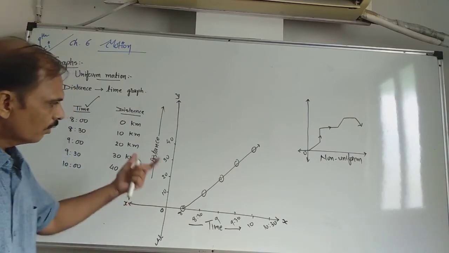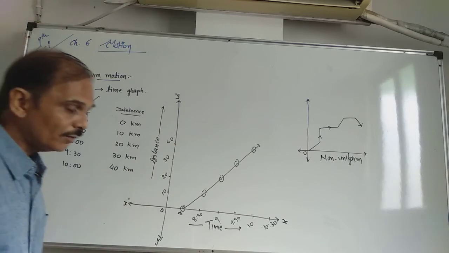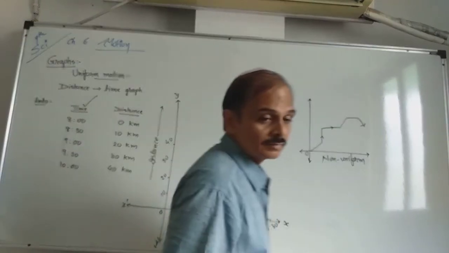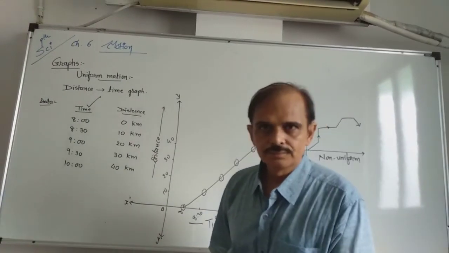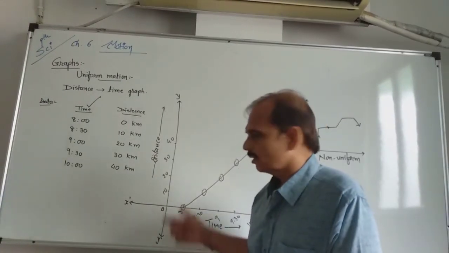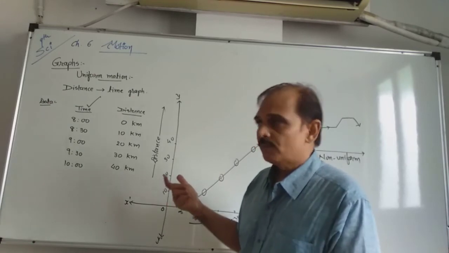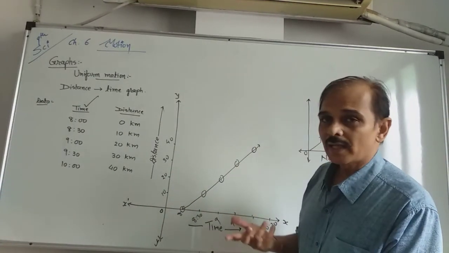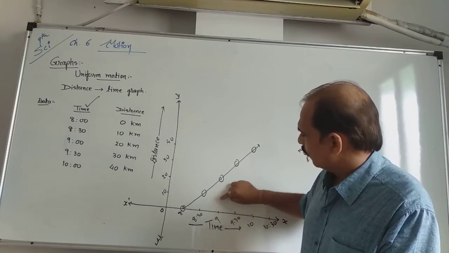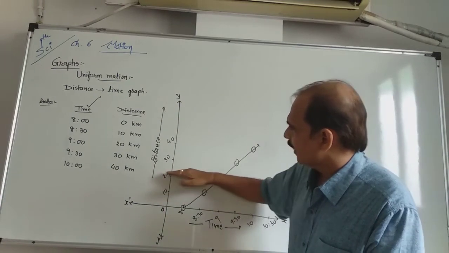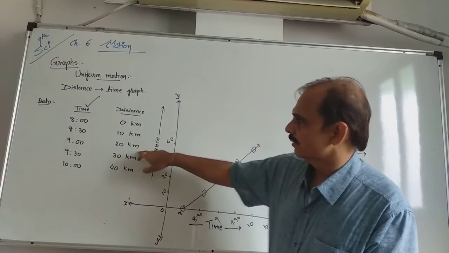Second thing, from the graph you can find out at which time the distance covered by the object is how much. Suppose at 9 o'clock, how much distance does the object cover? So at 9 o'clock, move in this direction and then move like this: 20 kilometers. 9 o'clock, 20.